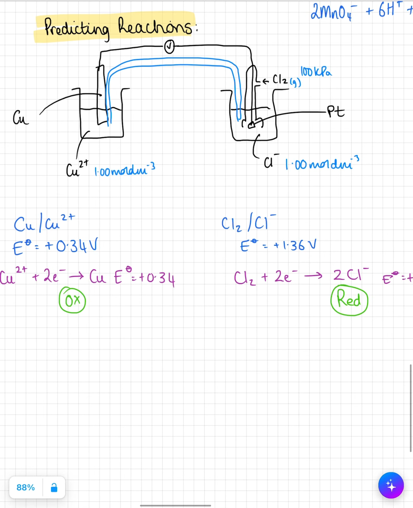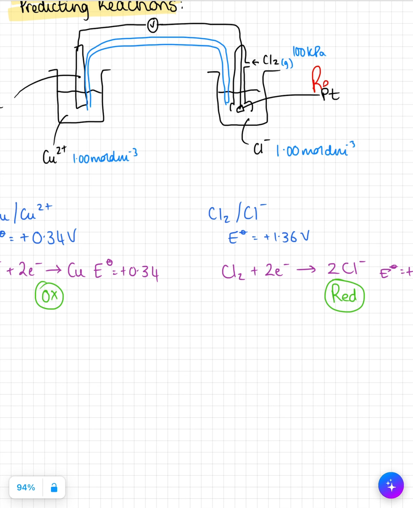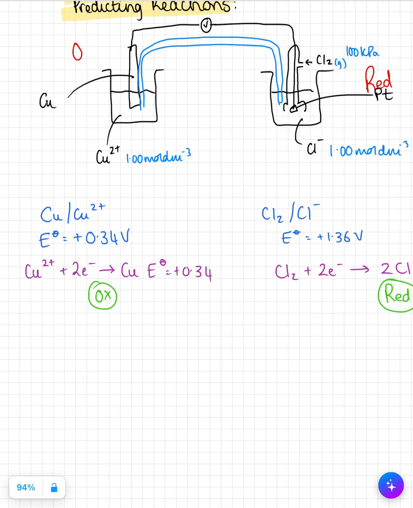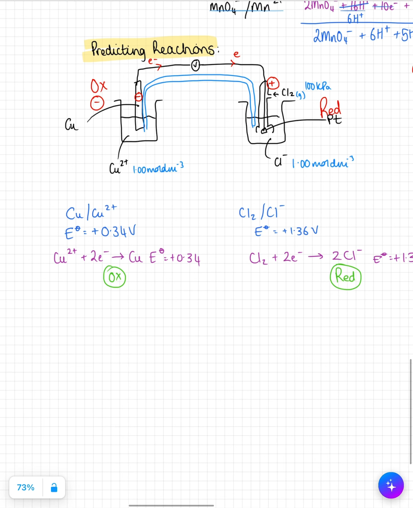So, on the right-hand side, we have reduction. So we put our reduction half cell on the right, our oxidation half cell on the left. So we are going to have our negative electrode, we are going to have our positive electrode, and our electrons transferring from our left to right. Is this feasible?